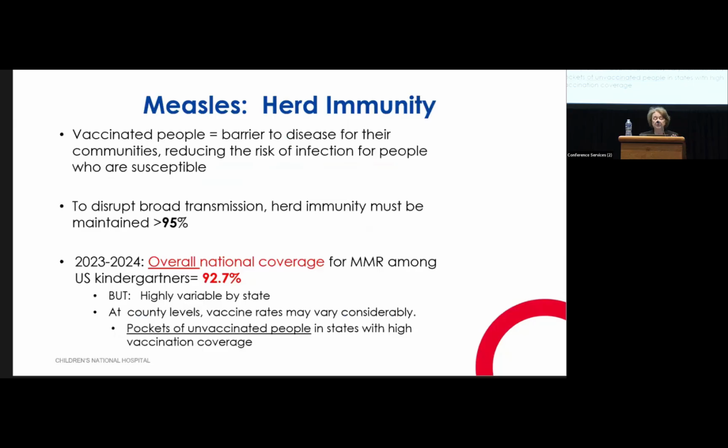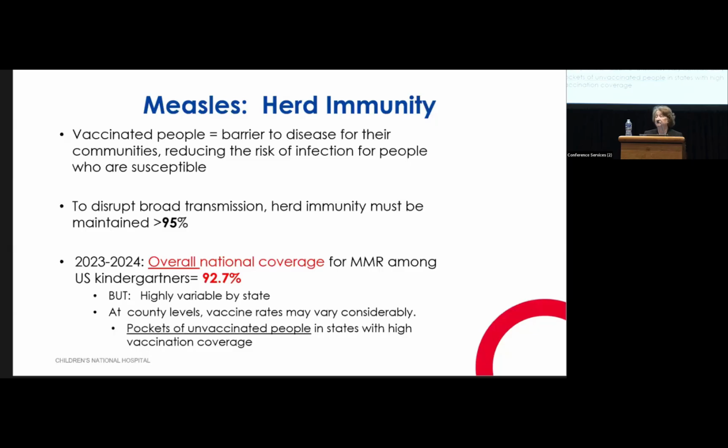When we talk about measles, a very important concept to know about is herd immunity. And essentially, people who get vaccinated not only help themselves, but they help their community. They serve as a barrier to the risk for transmission of measles in susceptible individuals within that community. In order to establish quote unquote herd immunity, in other words, to prevent measles from causing significant transmission, greater than 95% of the population needs to be vaccinated.